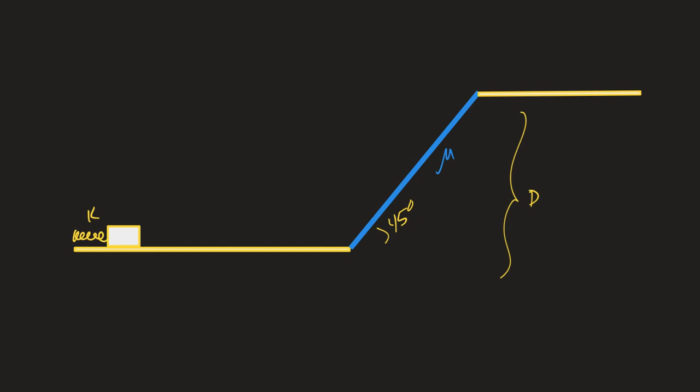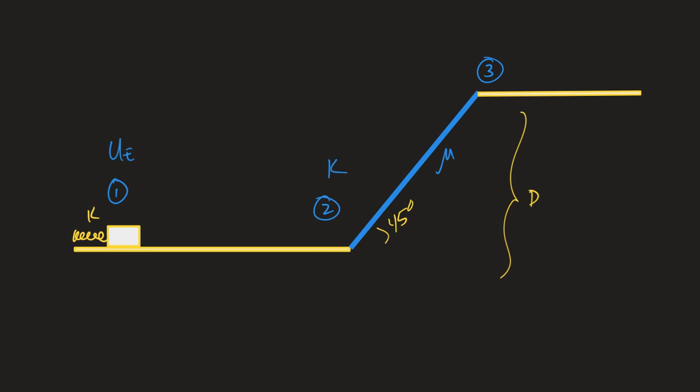Now, can we agree the box is going to have a certain amount of energy at state 1 when it's pulled back against the spring? It's going to have a certain amount of energy at state 2. It's going to have a certain amount of energy at state 3. I'm bringing this up because at state 1, elastic potential energy probably makes the most sense.